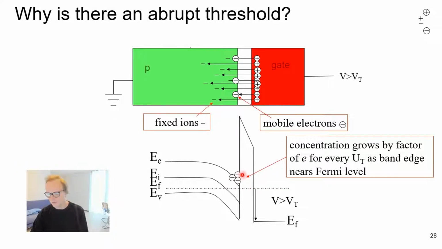So that's why over a scale of 25 millivolts or so, the concentration of mobile carriers at this band edge here in the conduction band grows exponentially. So that's why you get this abrupt transition between subthreshold and superthreshold, which happens over a range of a few tens of millivolts, as the mobile carriers kind of bubble in from the source to fill up the surface.